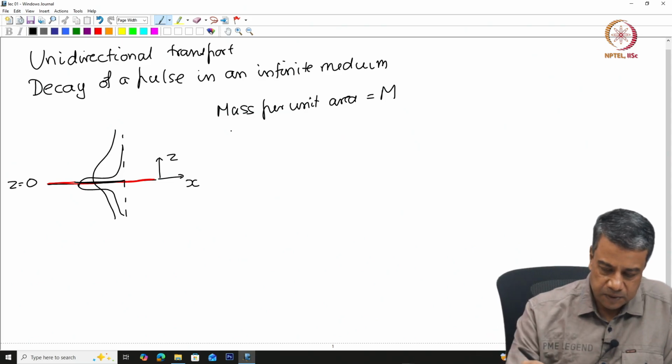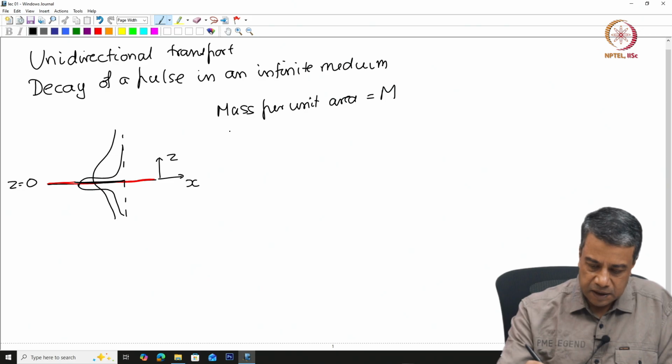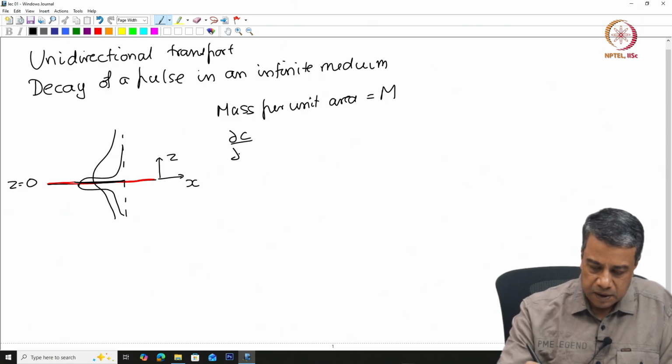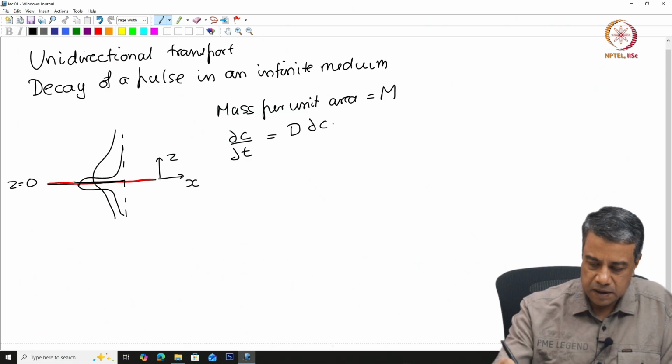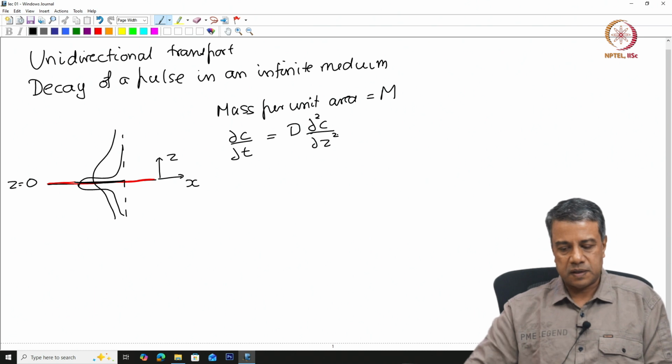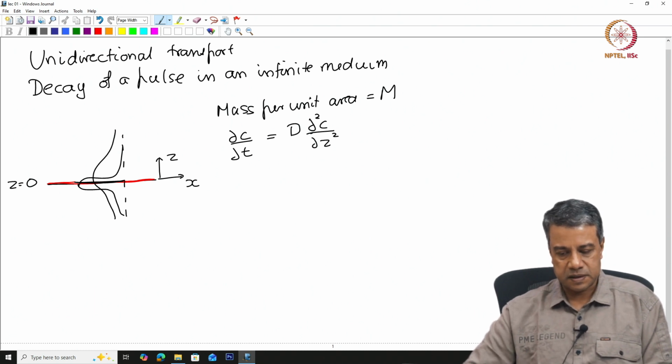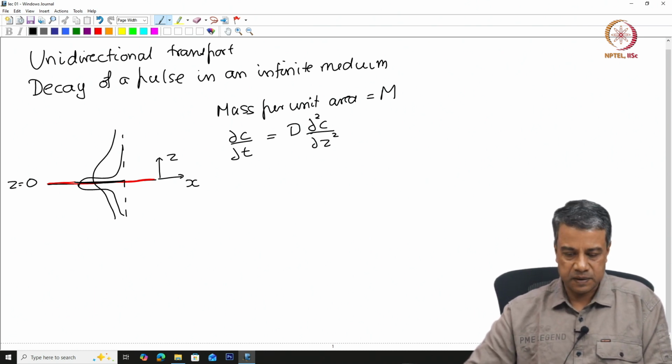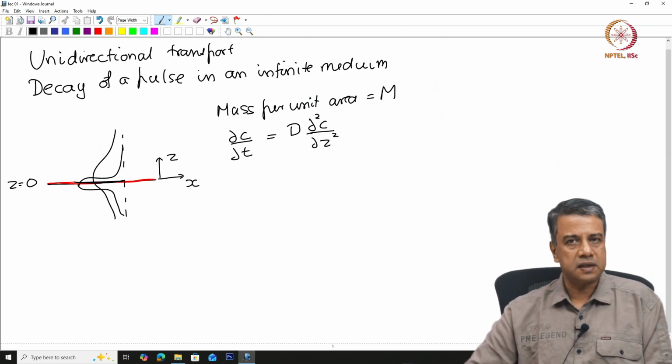The mass diffusion equation, unsteady, in the absence of any convection, is partial c by partial t is equal to the diffusion coefficient times d square c by dz square. So, the first derivative of the concentration with respect to t is equal to the second derivative with respect to z times the diffusion coefficient.